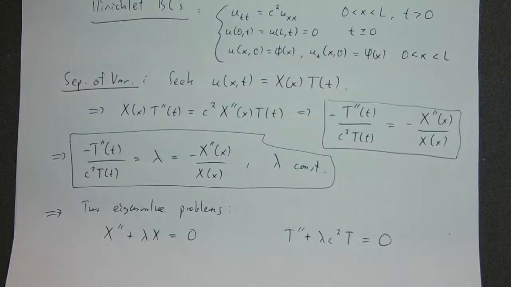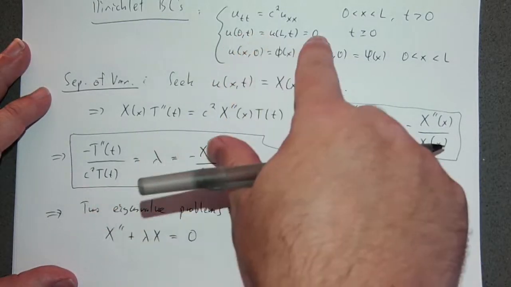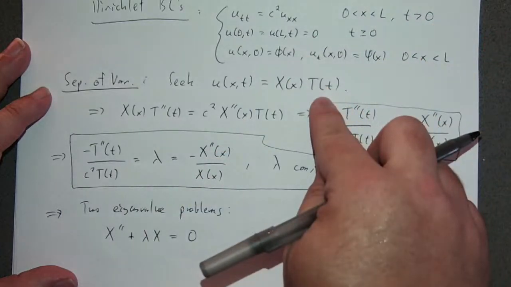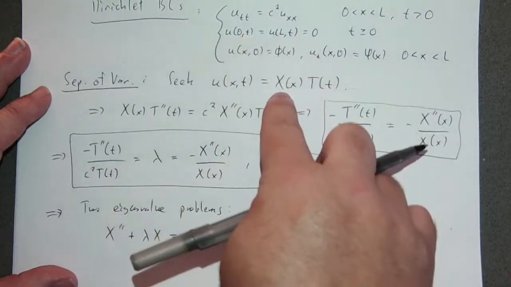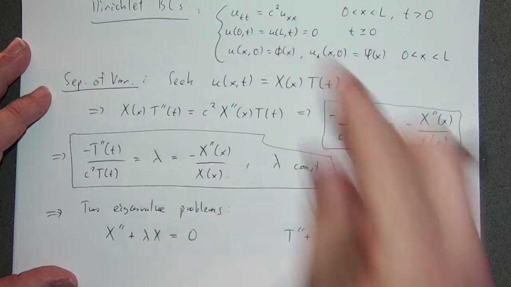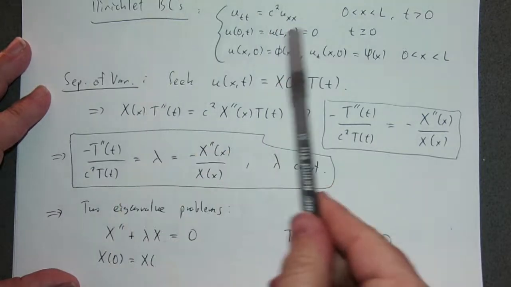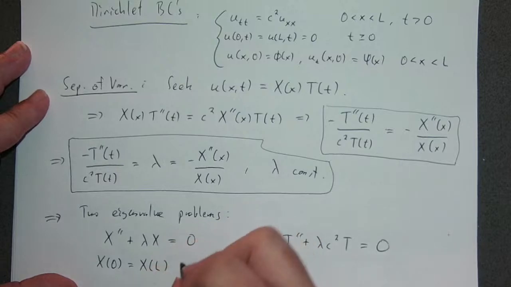Okay. Now, again, I have to impose my boundary conditions here. And if I want to get a non-trivial solution, i.e. if I don't want X to be identically 0 everywhere, the only way this can happen is if X of 0 and X of L are both 0. So again, I get Dirichlet. My Dirichlet boundary conditions on the PDE descend to Dirichlet boundary conditions on my eigenvalue problem.